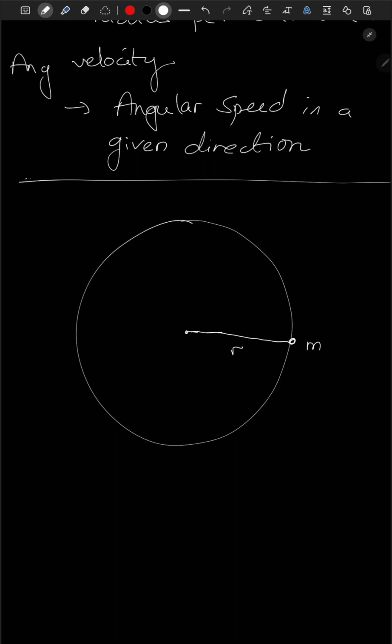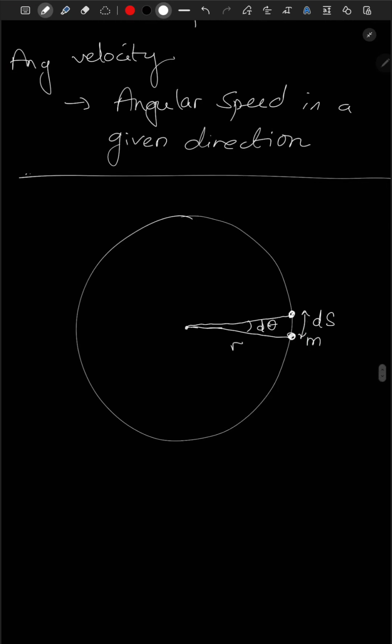It has a radius r. It travels a small distance. Let's assume it is very small, that this is d theta and the displacement, the arc length, is ds. And it has covered this in a time dt, which is very small. And this is r.